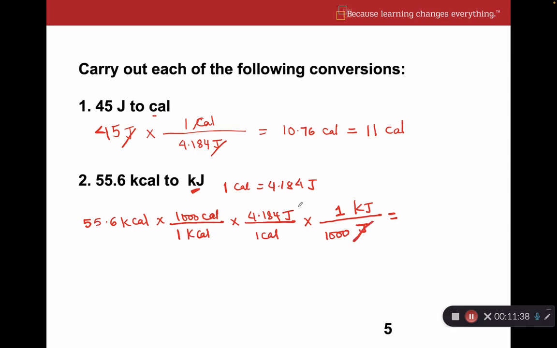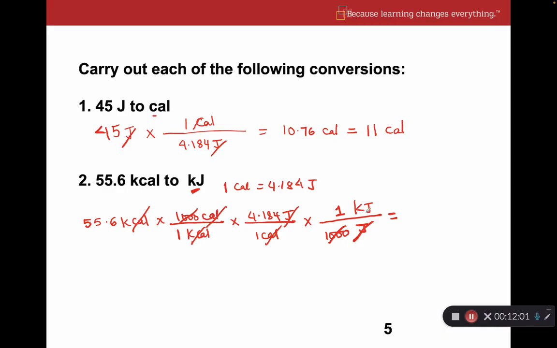Now joule cancels out, calorie cancels out, kilocalorie and kilocalorie cancel out. On the top I will have 55.6 times 4.184. On the bottom, the 1000 on the top and the 1000 on the bottom can cancel.